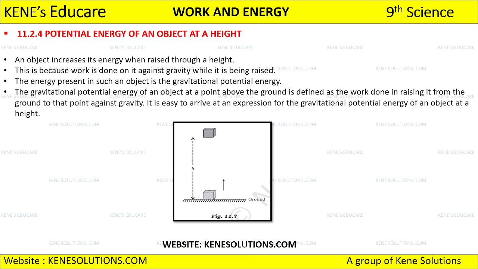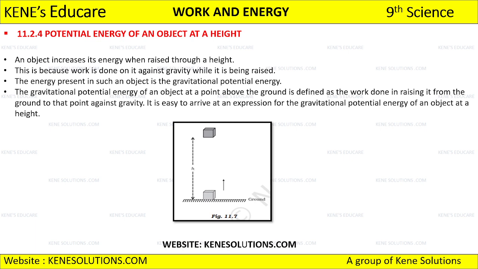When we are raising it, it's going opposite to gravity, because of which we can say work has been done. So the energy which is present in such an object is the gravitational potential energy. Which energy will be present in that object? The gravitational potential energy. So the gravitational potential energy of an object at a point above the ground, we can define as the work done in raising it from the ground to that point against gravity.